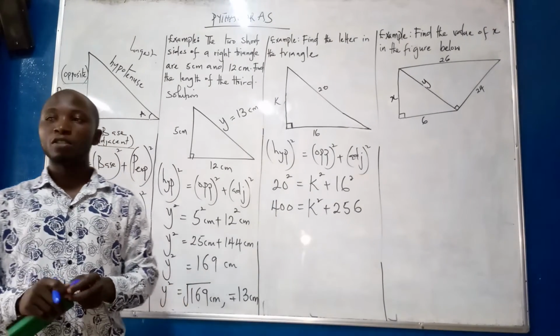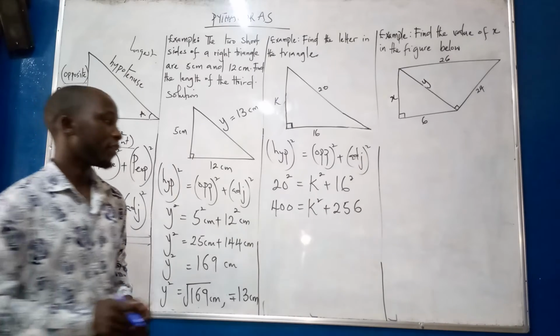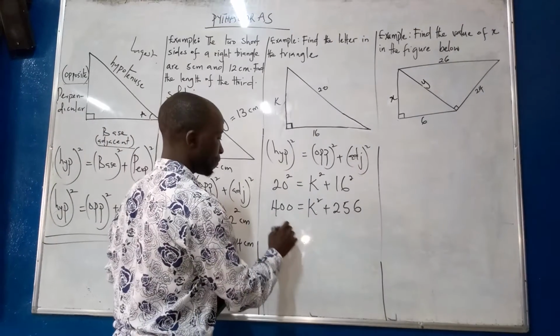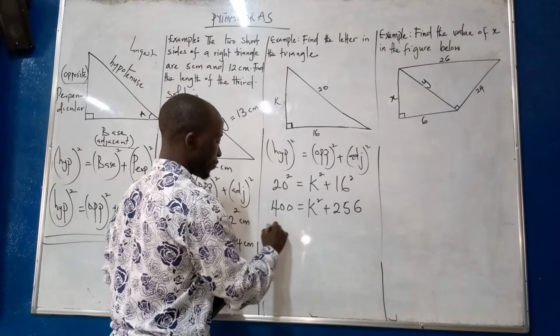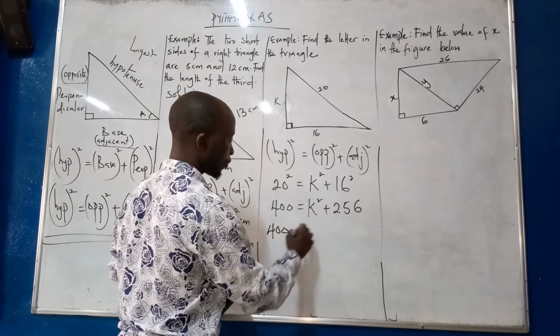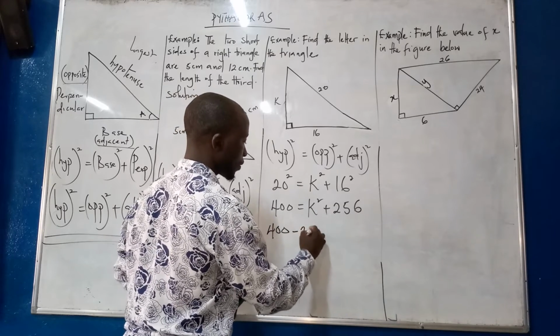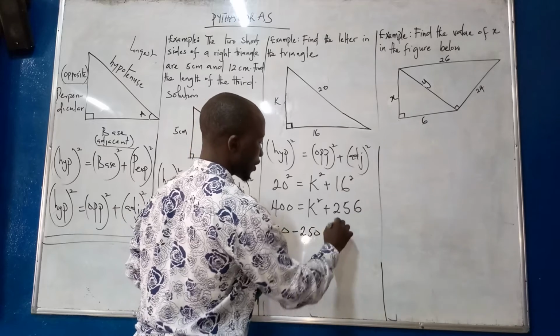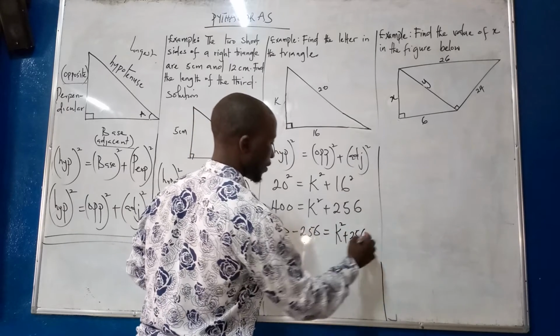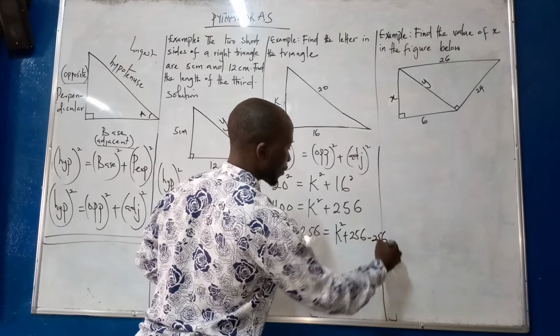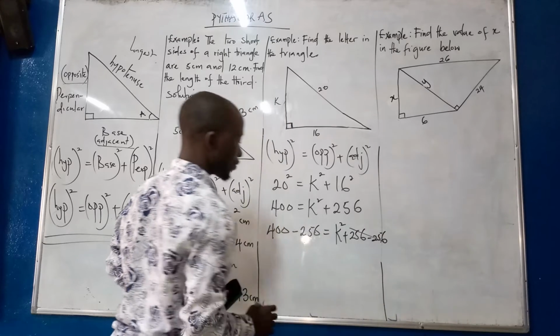By the time we make it the subject of the formula, we have 400 minus 256 equals k square plus 256 minus 256. These 256 will cancel each other.